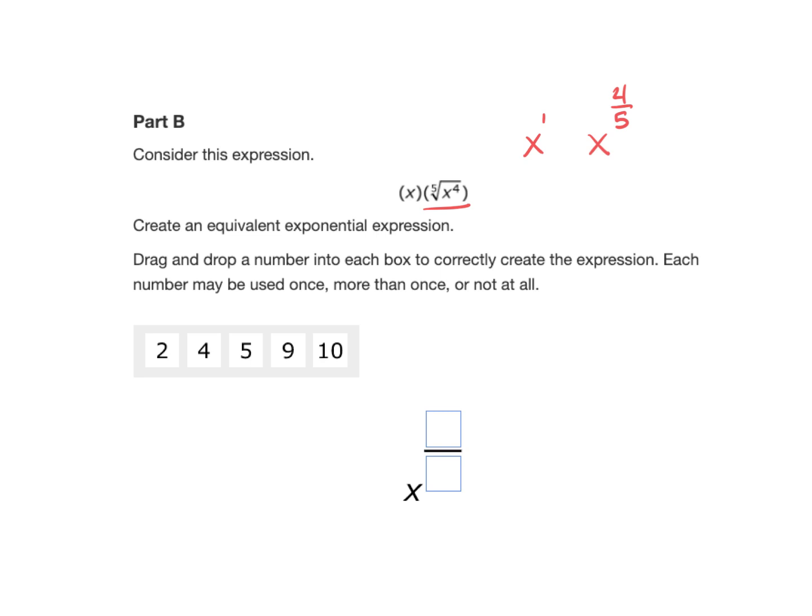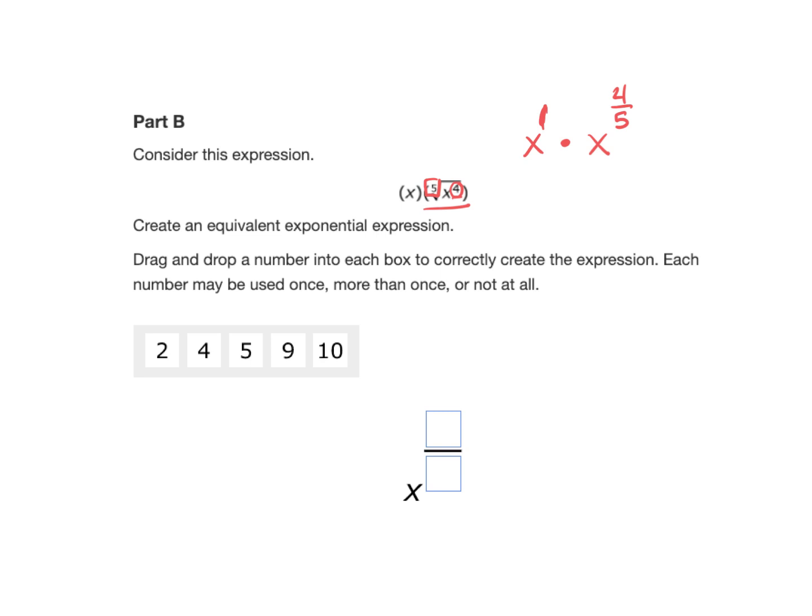Okay. Now, we're multiplying these, okay? So the 4/5 comes, okay, the power that the variable is raised to goes in the numerator. The root, or the index number, goes in the denominator, okay?